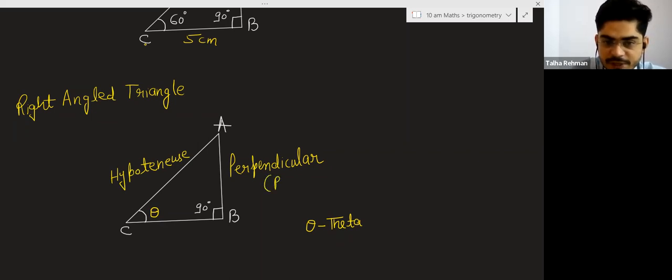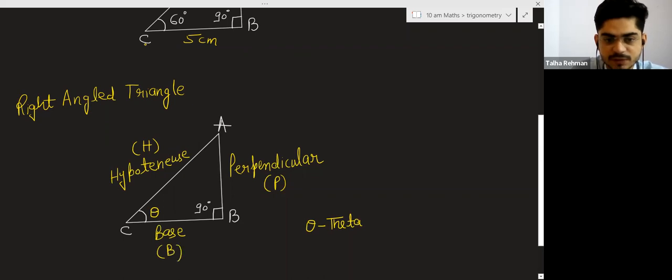Perpendicular I will represent with P, and hypotenuse I will represent with capital H, and the other side is known as the base of the triangle. Base, I will represent with B.